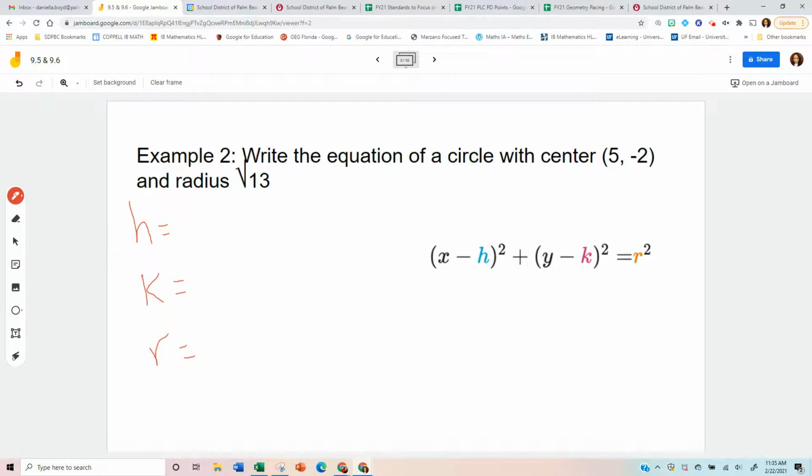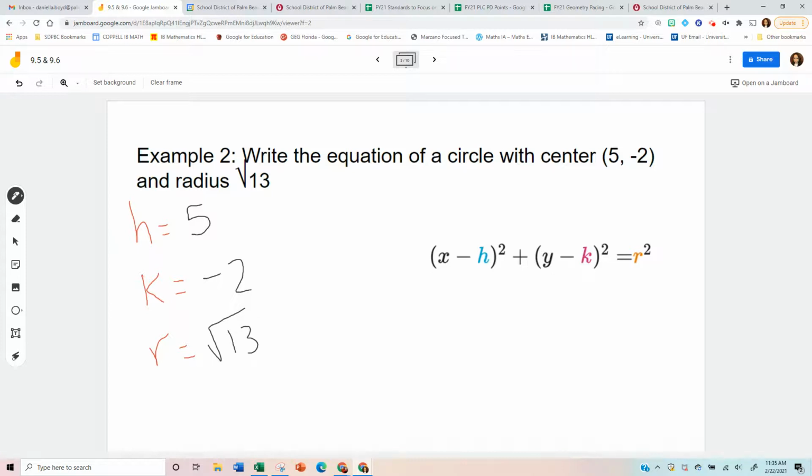Okay, so take a second to go ahead and do that. All right, so in this case, remember h is your x coordinate of your center. K is the y coordinate, so that happens to be -2. Radius is square root of 13.